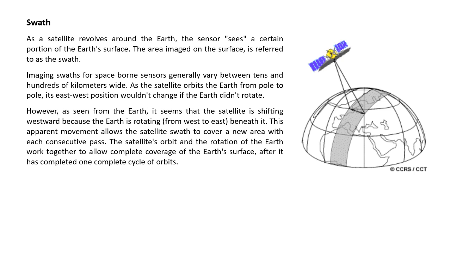Swath is the width of sensing. Generally, if the satellite's altitude is high, the swath will be more. And if the swath is more, then the quality of image will be down from the spatial resolution point of view. Pixels will be larger.